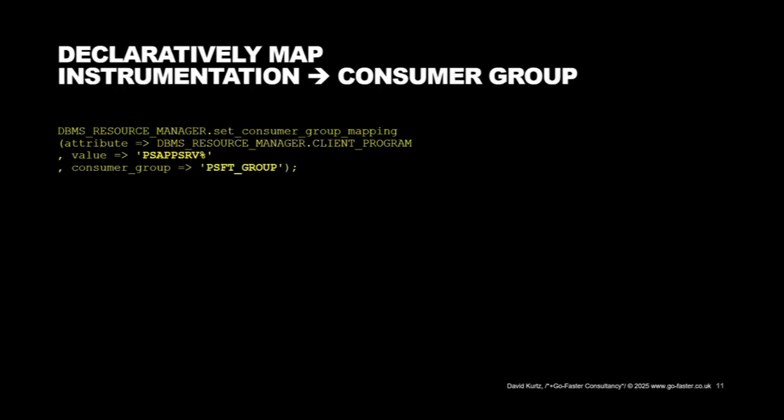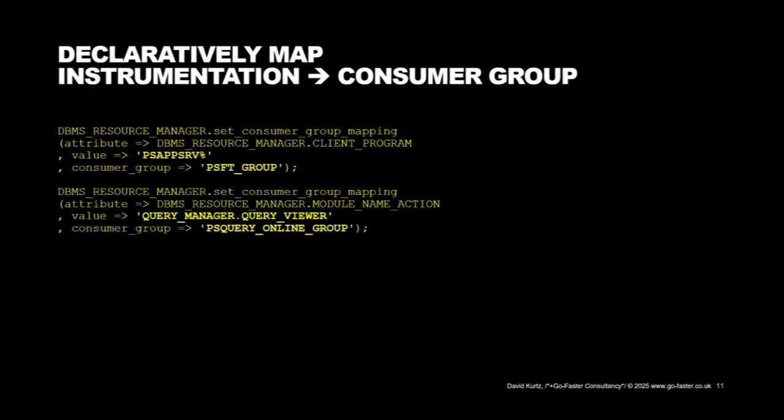Here's an example of the mappings. So we've mapped the application servers that drive online to the online consumer group. And you can see that's done with a pattern match, PS app serve %, like in SQL. Particular parts of the application that run the online queries, we've mapped that to the online query group.